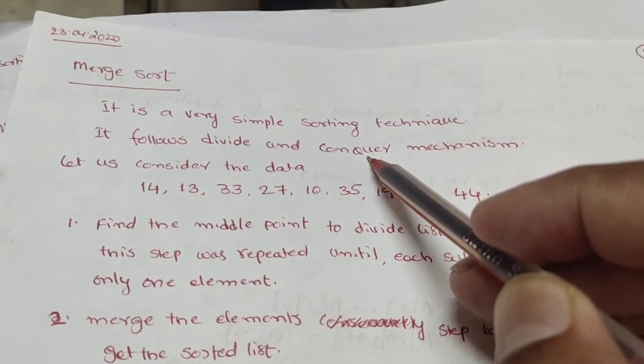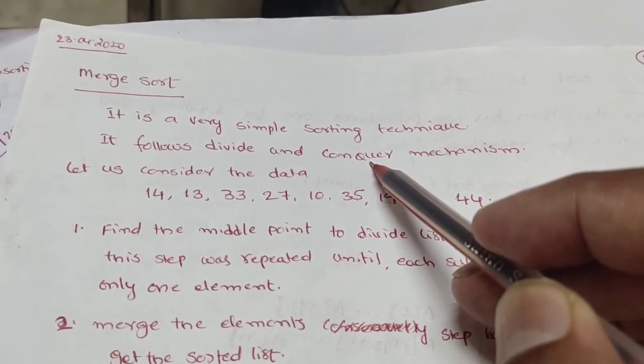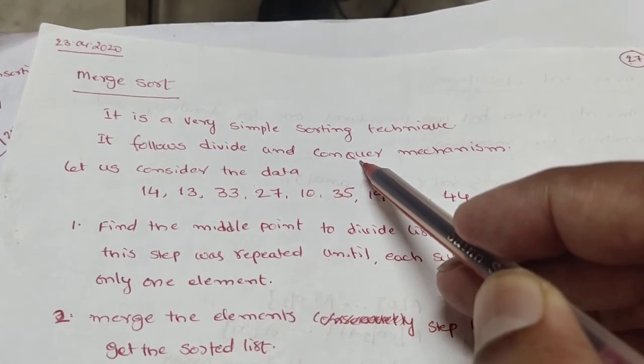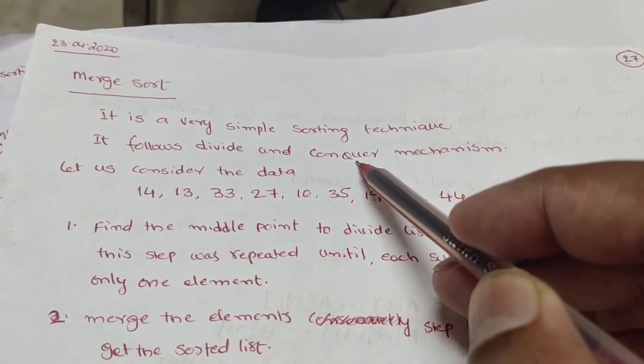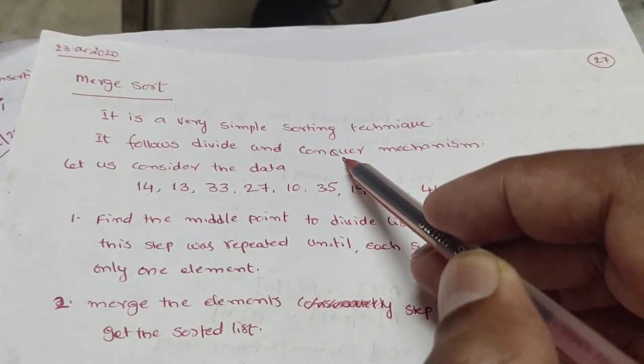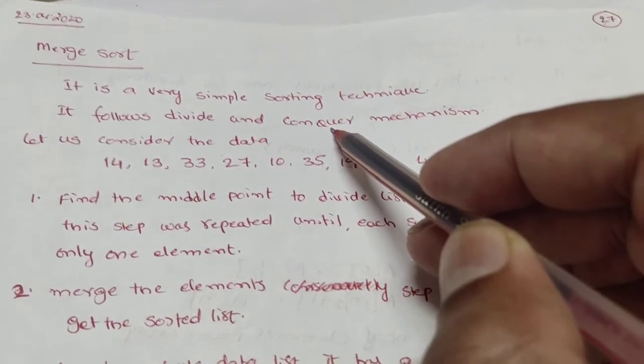We know that when we are unable to solve a big problem, we can divide the problem into a number of subproblems and solve each and every subproblem. We get the solutions, and finally by integrating all these solutions we get the solution to the big problem.